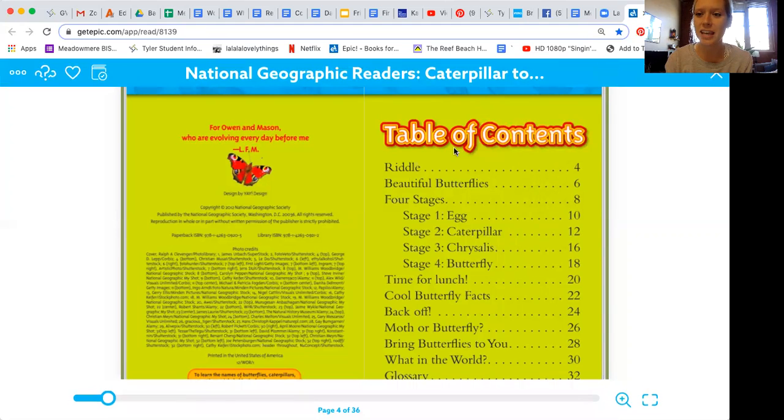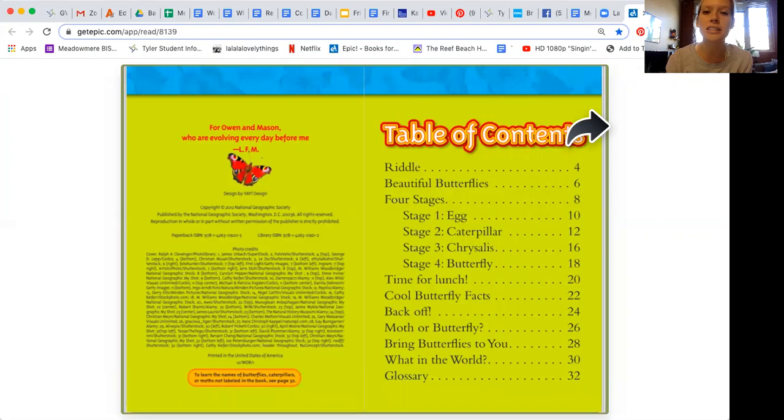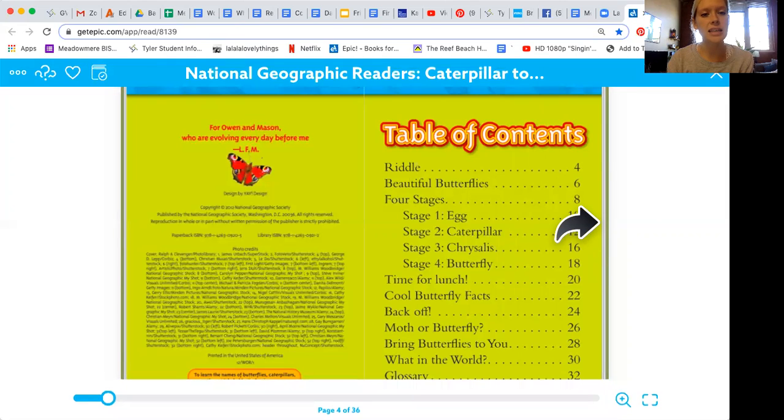Okay, so we have our table of contents. Remember, the table of contents tells me specific pages to find specific information. It's different than the index. The index is telling you where to find specific words. This is specific information. For example, if I wanted to learn about the different stages, I could go to page 8.